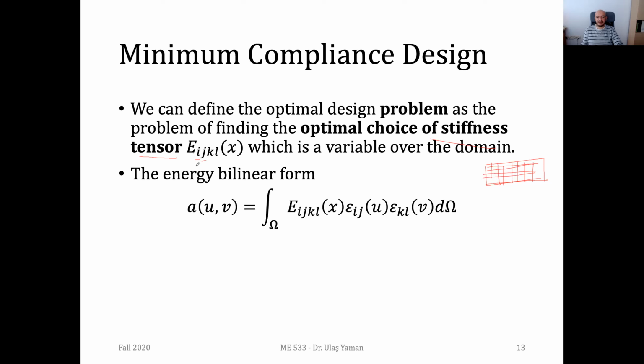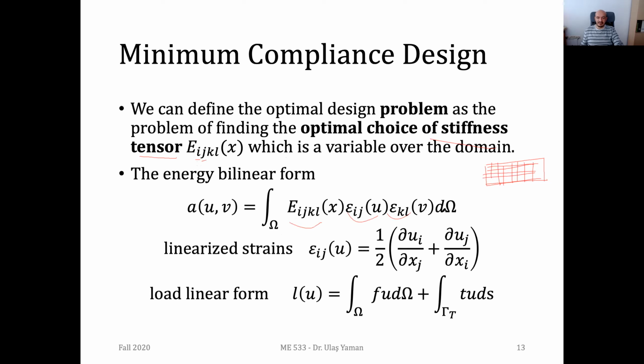And we are trying to define the energy of our part, and this is how we do it. Since it's defined over the domain, we need to take the integral. This is our stiffness tensor, we have the strain, and this is actually the integral term. We need to take the integral over the whole domain and obtain the final energy of our part under the given loads.